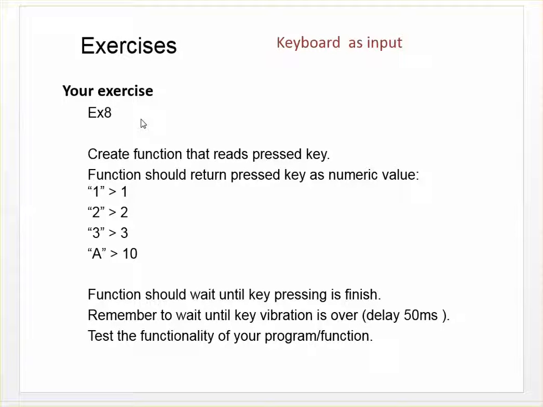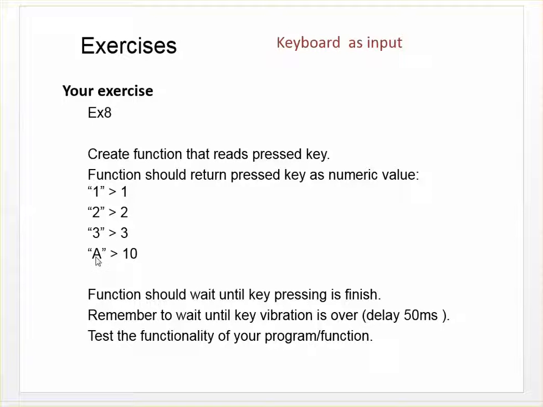Exercise 8. If you didn't do the function in the earlier exercise, now it's time to do a function that reads the pressed key. And the function should return a numeric value that equals the pressed key. So if I press key 1, the function returns the numeric value 1, and 3, 3, and so on.